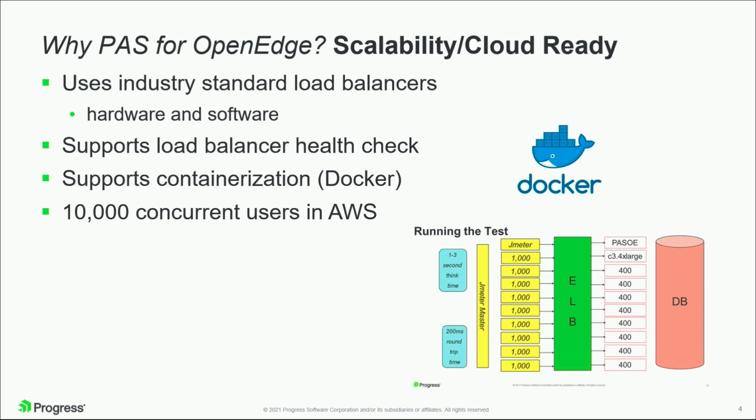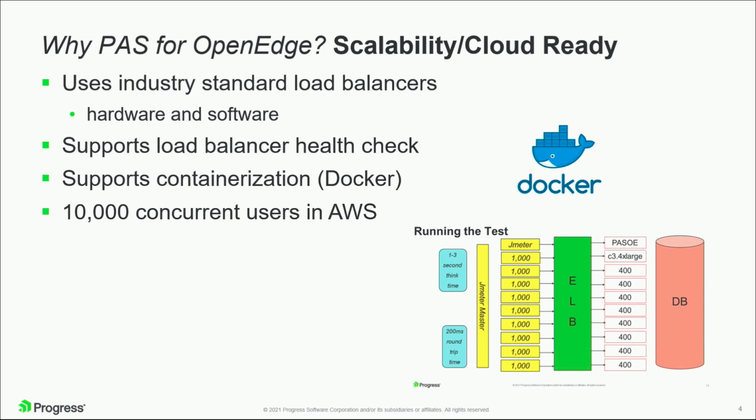PASOE is it, and what it allowed us to do, becoming our own little web server and web application built in, is it allowed us to use industry standard load balancers, right? Hardware or software. So now you can load balance like you would any other application. It also supports the load balancer health check, which means, hey, if I'm running 5 or 6 machines in a load balancer and one of the machines starts to have trouble, the load balancer can take that and pull it out of the system and put a new PASOE into the system without a customer ever seeing any downtime.